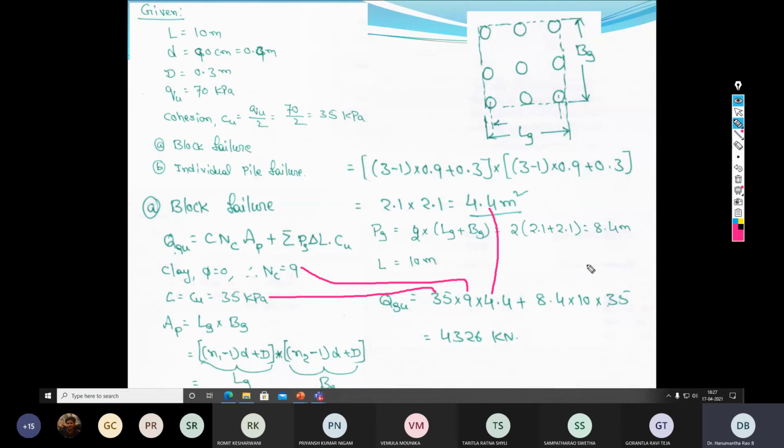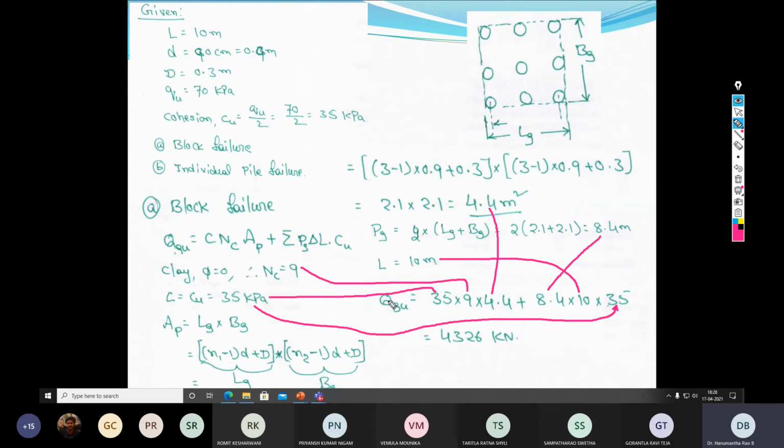Then the perimeter is 8.4, then the length of the pile is 10 meter, then again CU is 35. So substitute everything and calculate.